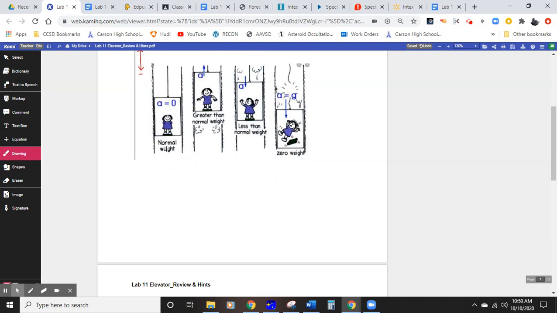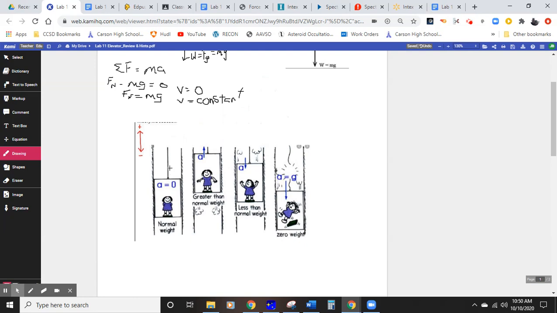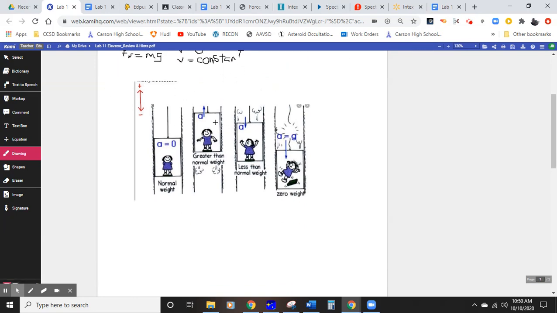This one we already talked about. So this is scenario one. Let's take a look at scenario two. Going up is positive, going down is negative, and it says here greater than normal weight. Why is that? Let's see why. Here we have the sum of the forces, which is equal to ma.